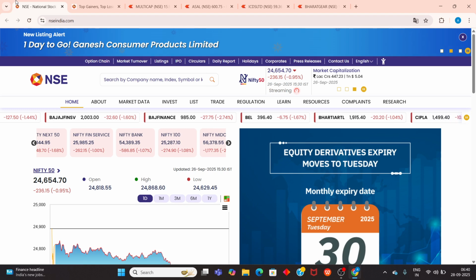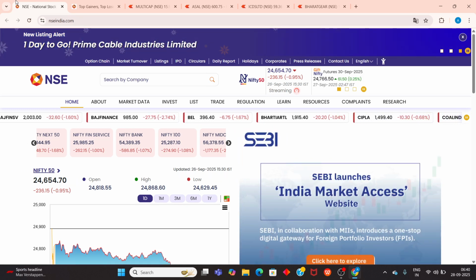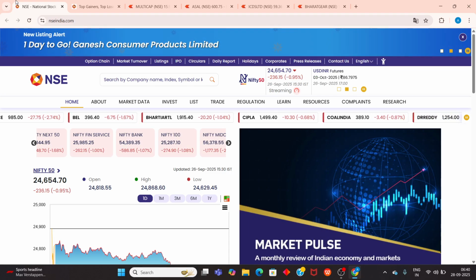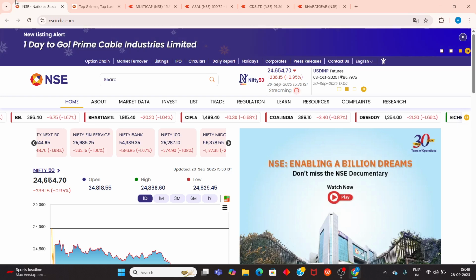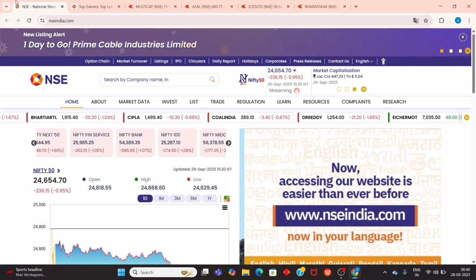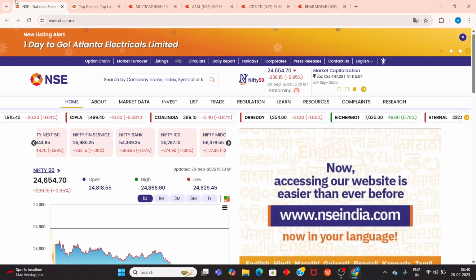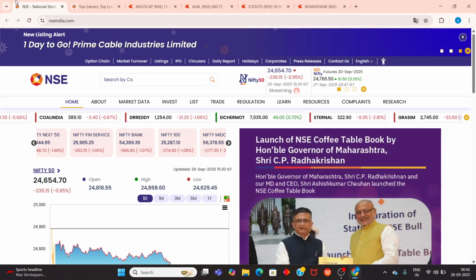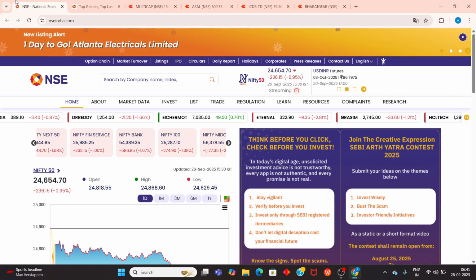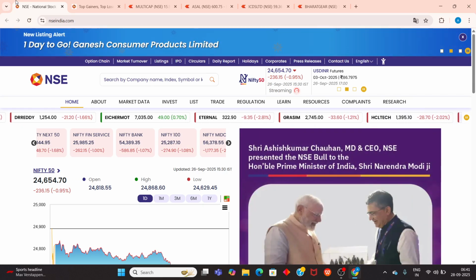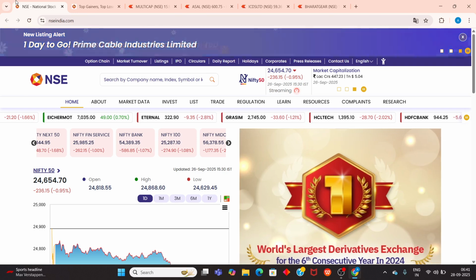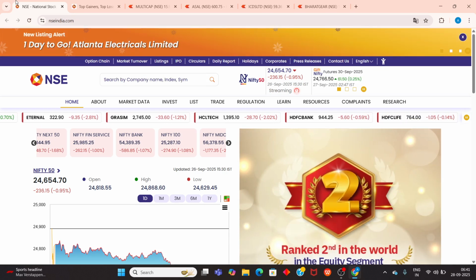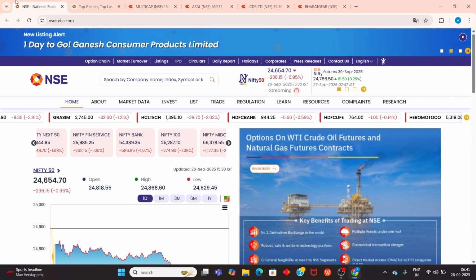To find the list of stocks, we'll be using the NSE website, so that we can find the liquidity, the price change, and which stocks are forming the top gainers list. To find momentum, we always look for stocks in the top gainers list, because if a stock is there, it means it has shown some momentum that day.